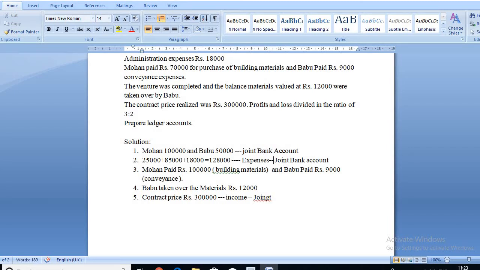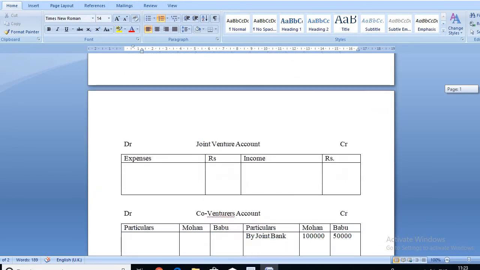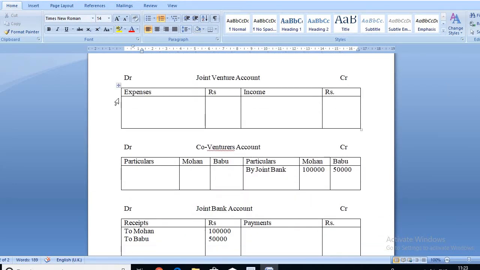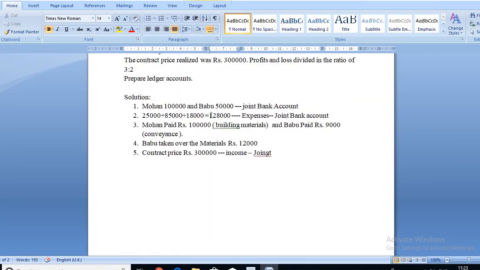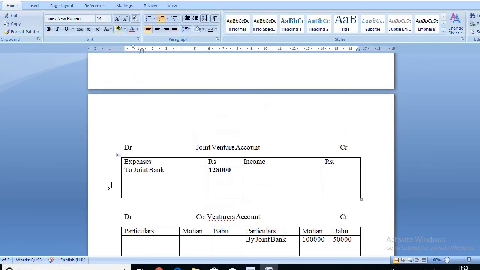So come to joint venture account, because in joint venture account, just like a profit and loss account, we are recording expenses and income. So to joint bank account, how much? 1,28,000, because 1,28,000 worth of expenses were paid through joint bank account. So one aspect is over.